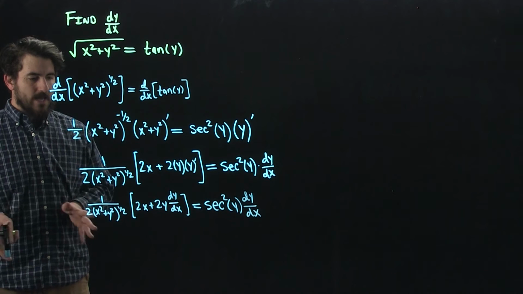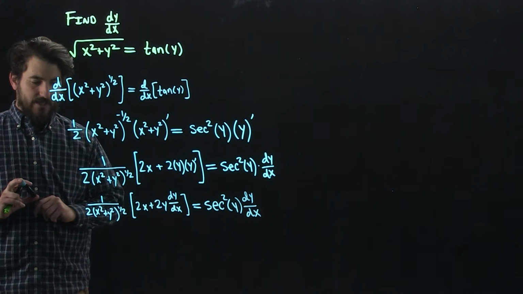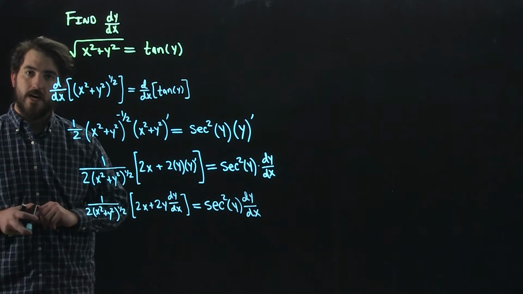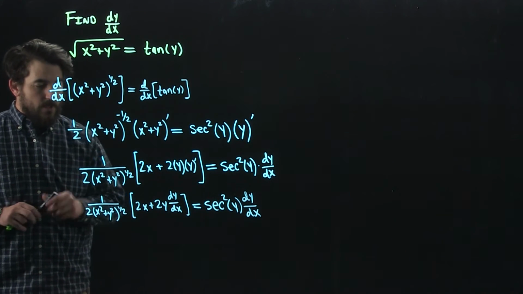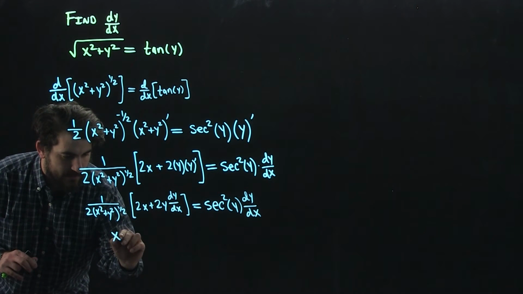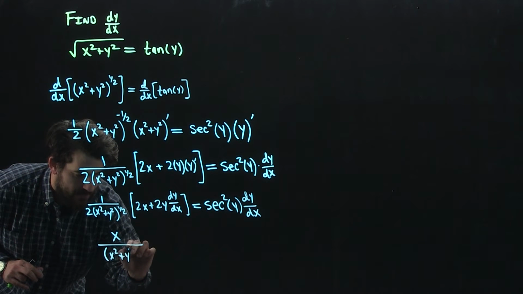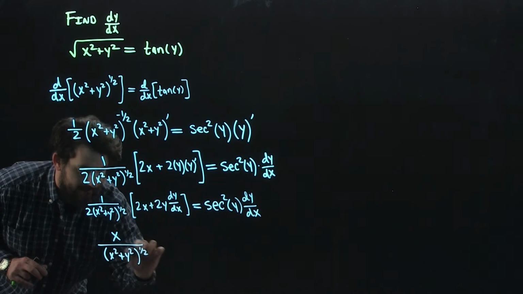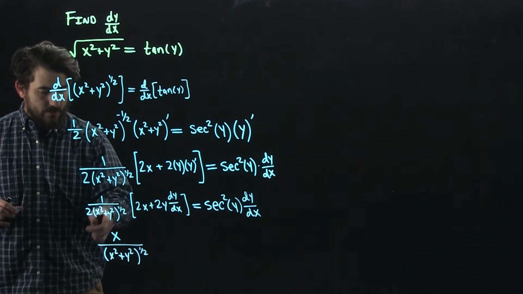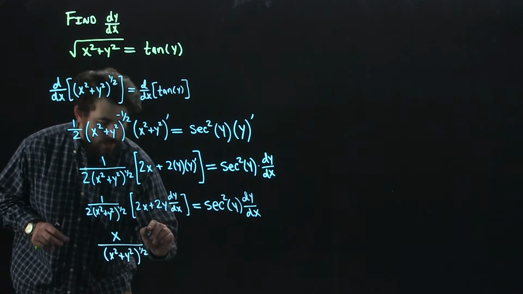Okay, so one last thing I'm going to do is distribute into this term. One thing that I should notice is that the 2's will cancel when I distribute it in. So this is going to give me x over (x squared plus y squared) to the 1/2. So that's the first distribution. Notice that there's no 2's because it would be a 2 over 2 and that cancels out.